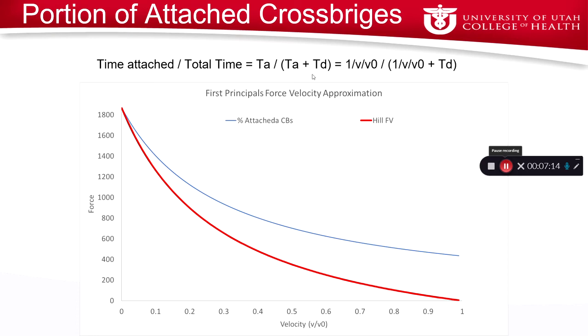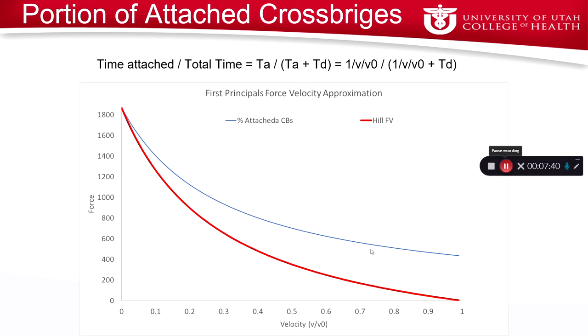And it turns out that if you graph that equation and you select an appropriate value for detachment time, you get a hyperbolic curve that looks very, very much like the Hill force-velocity equation. So this is the curve that simply represents the proportion of total cross bridges attached.